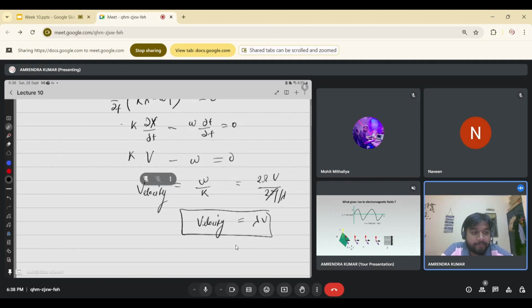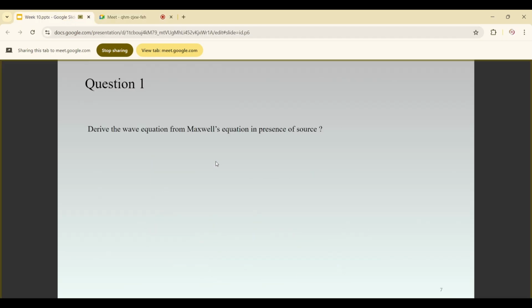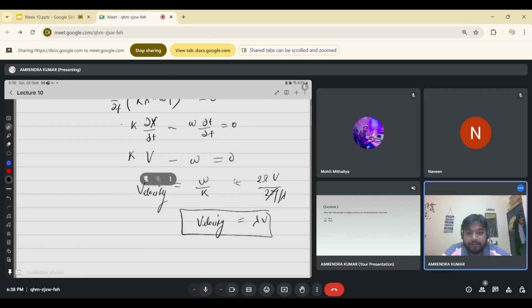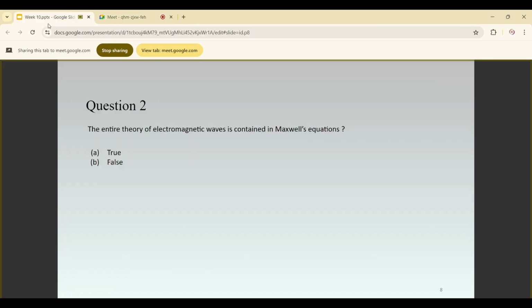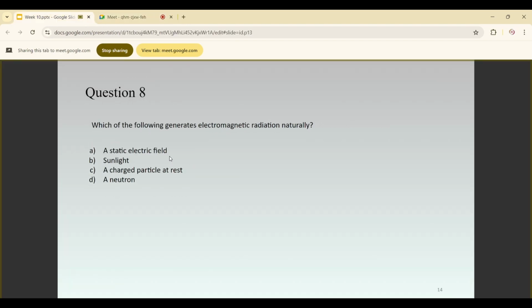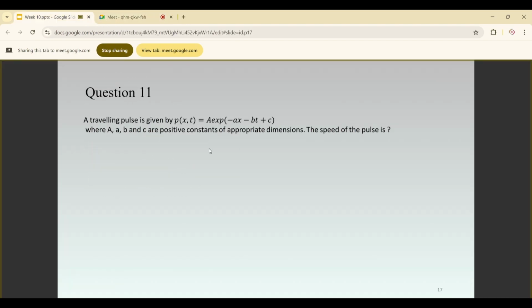Now this was for the plane wave. If we are asked any given questions like the one in our presentation here, what is the velocity in this question? We have the pulse given by p of x,t equal to A exponential of minus (ax minus bt plus c).